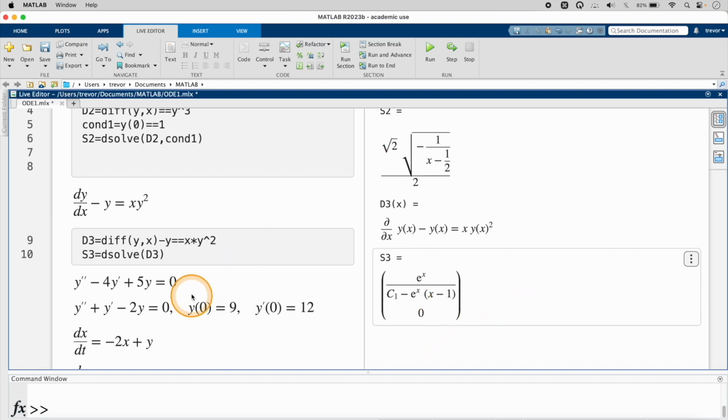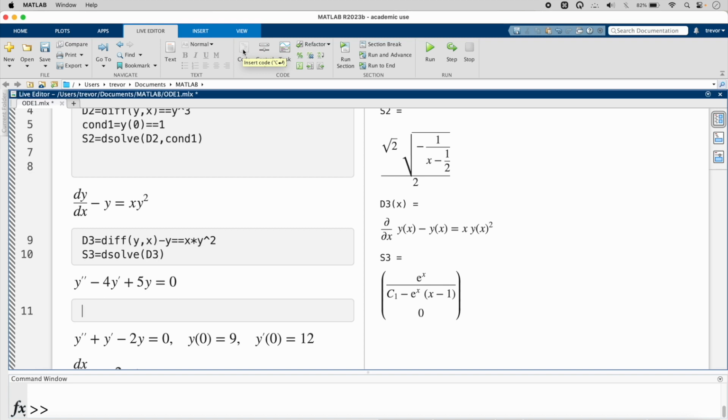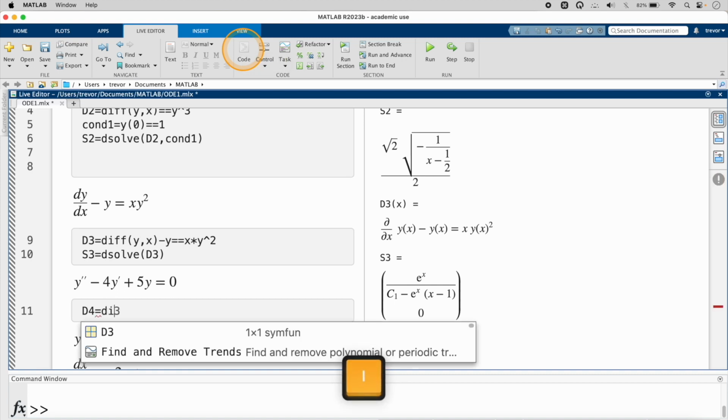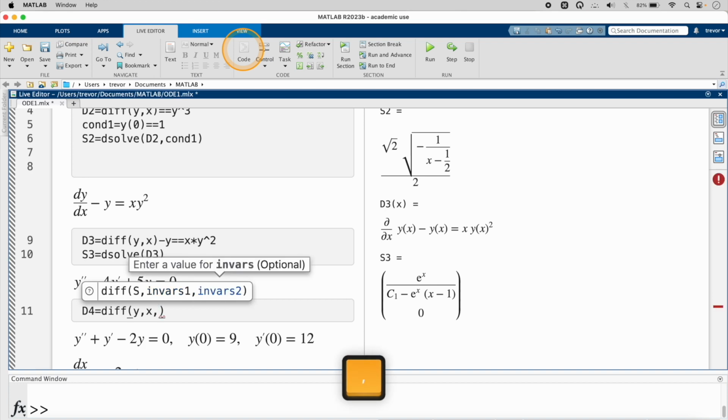I now go on and solve this second order ODE, y prime prime minus 4y prime plus 5y is equal to 0. I enter the code for solving that ODE, so I'll call this differential equation D4 is equal to, so our D4 there, we have the derivative of y with respect to x, the second derivative, so we put comma 2.